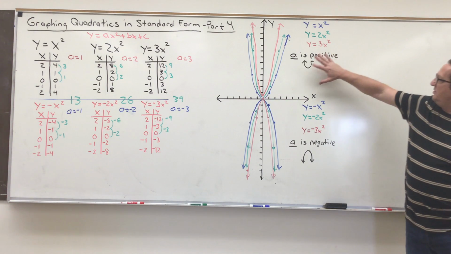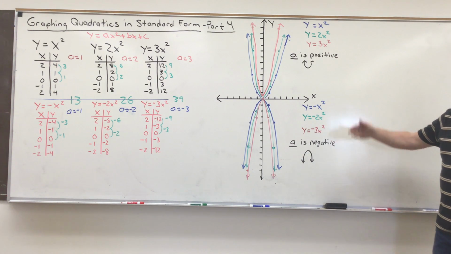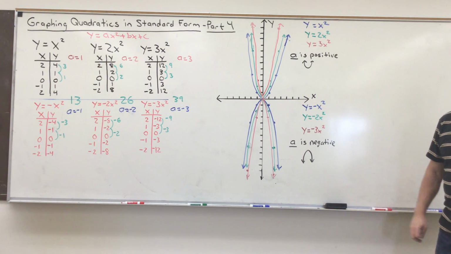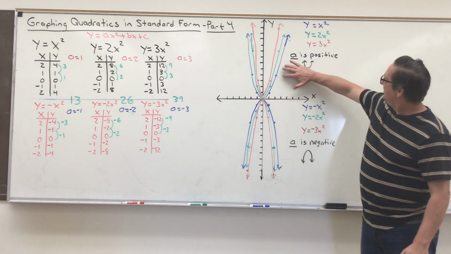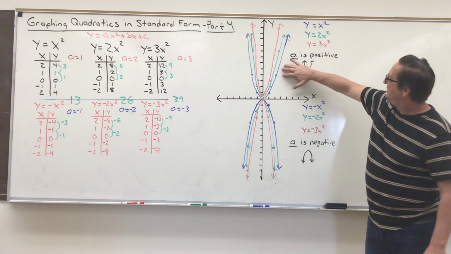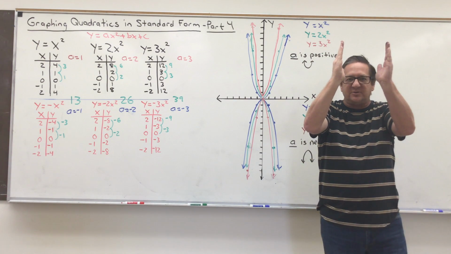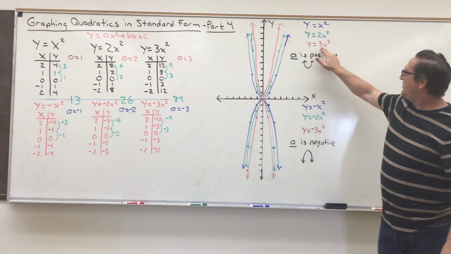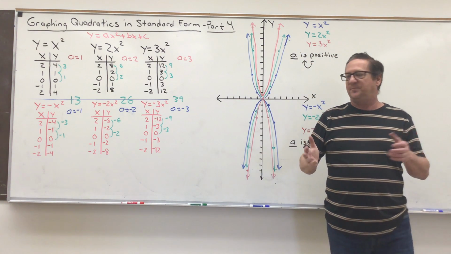Then what I wanted you to do is make a graph of all 6 of these problems on one graph. And so what you'll notice here is blue is my x squared. Notice that 2x squared, multiplying by 2, is going to make those y values go up faster. And then multiplying by 3 is going to make those go even faster.